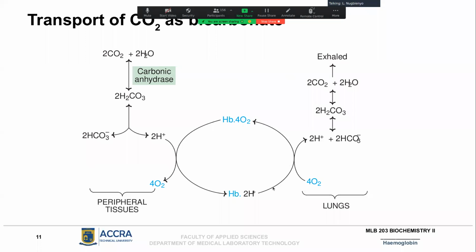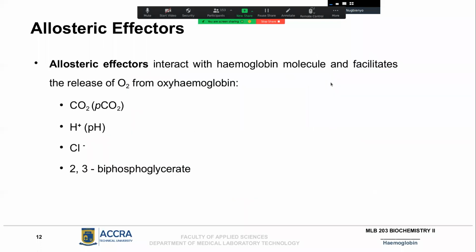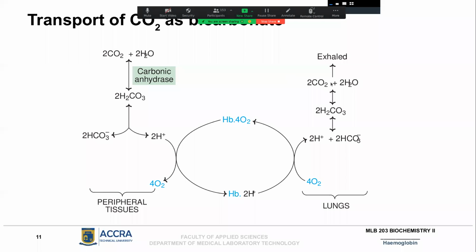So that back in the lungs, you have the hydrogen ions being released from hemoglobin, whilst it gets bound to the oxygen. And then you have these bicarbonate ions in plasma combining back with the hydrogen ions to give you back the carbonic acid, which is broken down further into carbon dioxide and water to be exhaled.